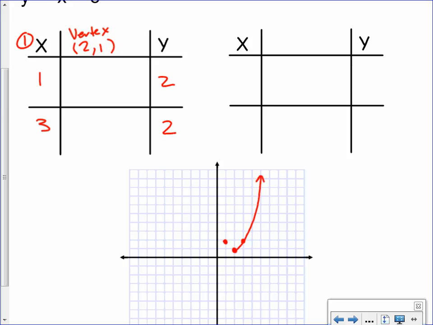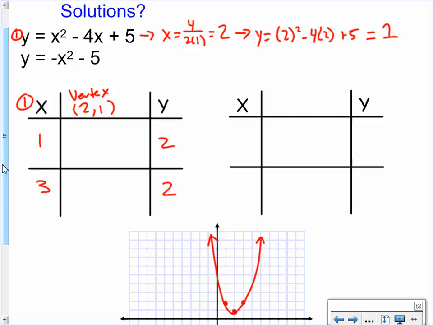So, does your graph look like that? Yes? No? Maybe? Okay. Anybody do the second one yet? Let's do it together. Here we go. Okay. 0 over 2 times -1, which is still 0.